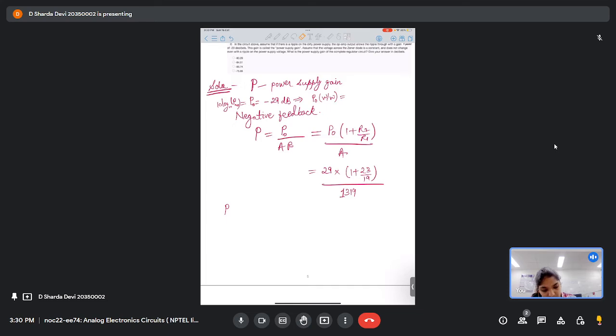So P actual will become 10 to the power 29 by 10.